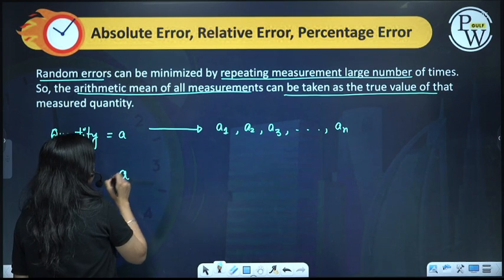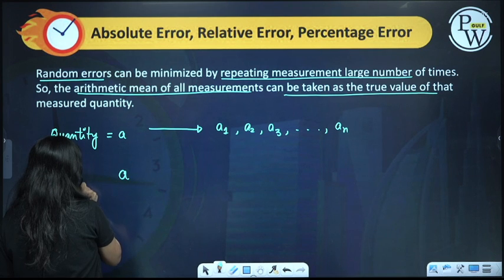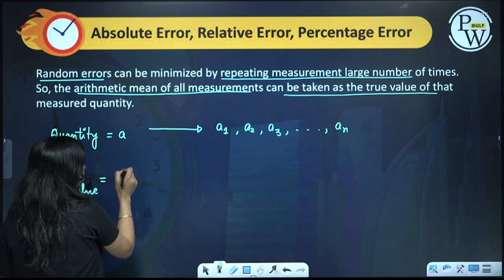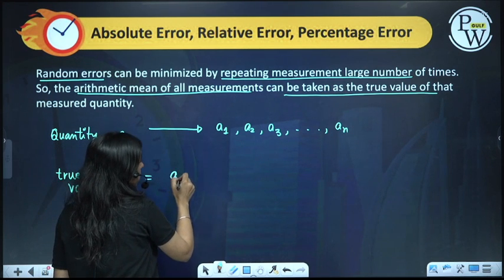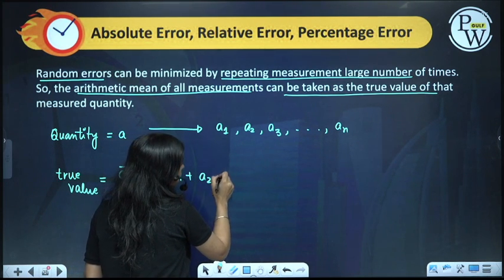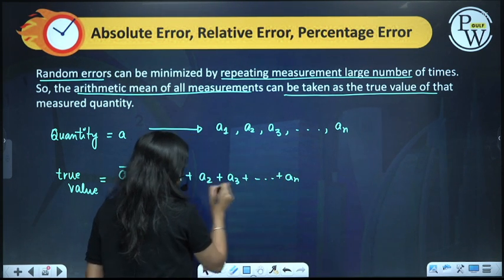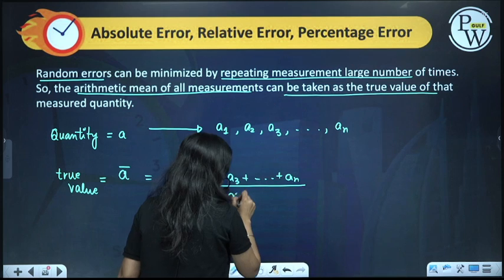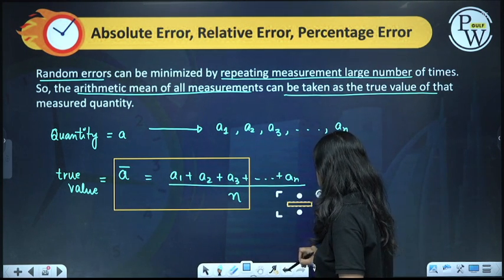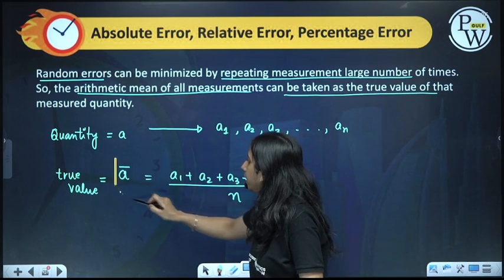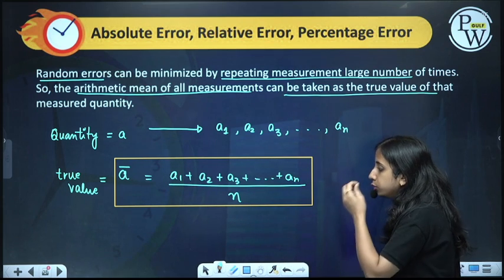Then the true value can be taken as the arithmetic mean of all the values, A bar or A average, which is equal to A1 plus A2 plus A3 up till AN, divided by N. This arithmetic mean will give me the true value of my quantity.